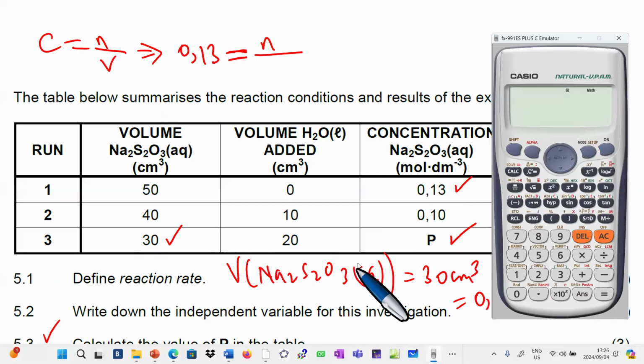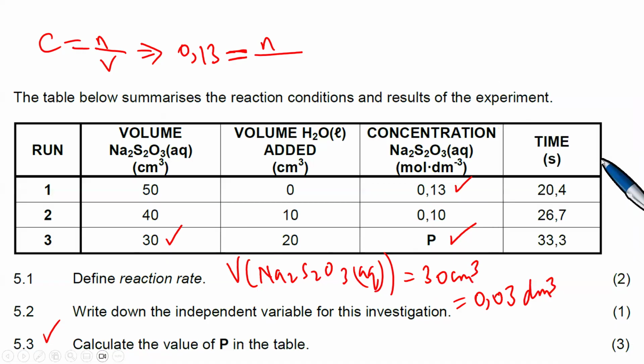So you have 30 divided by 1,000, which is 0.03.